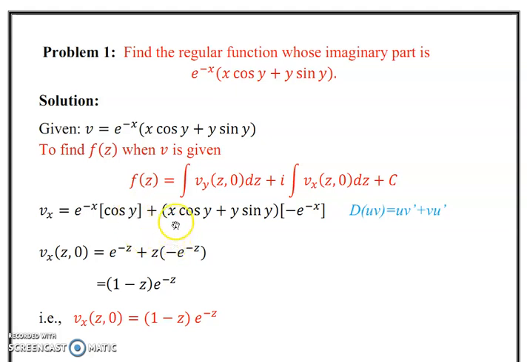Then z into minus of e power minus z. Now take e power minus z outside. You get 1 minus z of e power minus z. Therefore, vx of z comma 0 is 1 minus z into e power minus z.